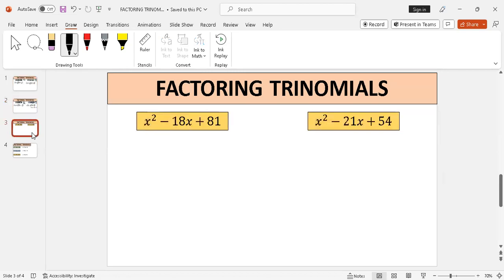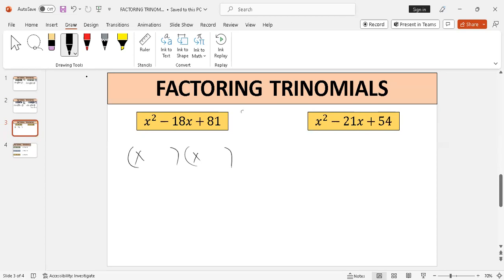Let's have now the last set of the examples. X squared minus 18x plus 81. Again, the first terms here are x. What about the second terms? Find all the factors of 81.